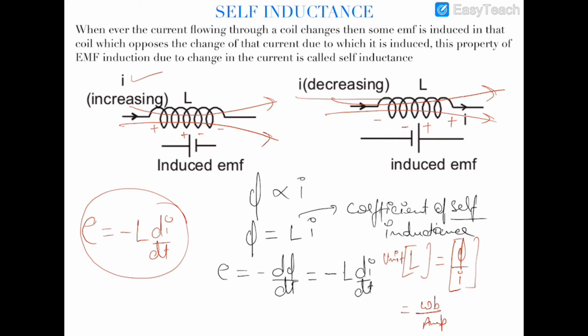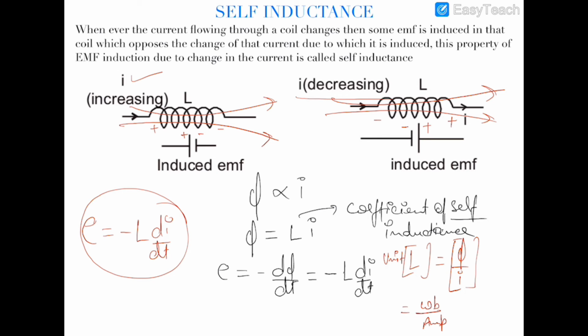Now, why is this phenomenon known as self-inductance? Because later on in this chapter we will study that if two coils are being kept nearby and the current flowing in any one of them is changing, then some EMF would be induced in the neighboring coil also, although they are not in any physical contact or any electrical contact.